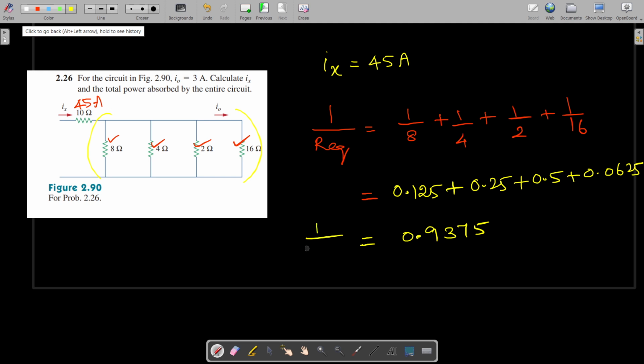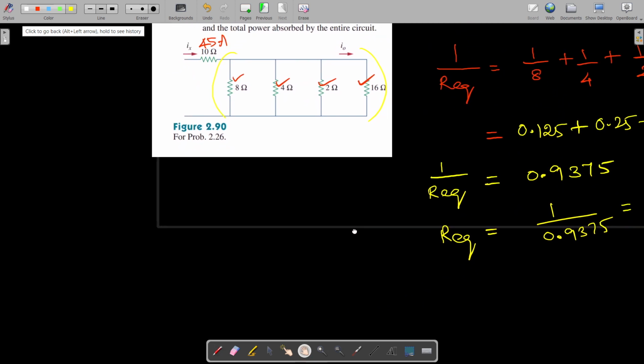So this is 1 by R equivalent. So the R equivalent is equal to 1 divided by this 0.9375. This is equal to 1.0667 ohms.